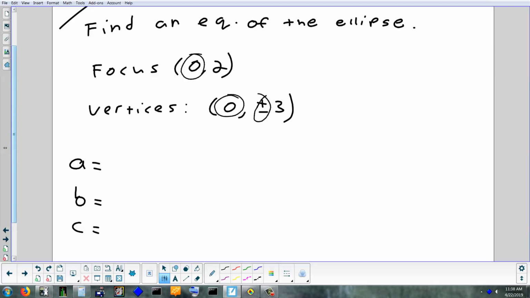Yeah, this plus minus. That's what tells me where the center is, because I know the center is exactly in between the two vertices, right? So if I draw my vertices, I got one at plus 3, I got one at minus 3. Well, the center has to be halfway between the two of them. So what's halfway between plus 3 and minus 3?